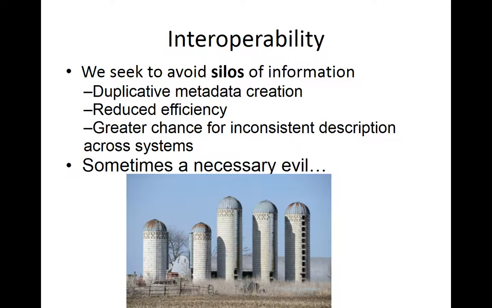Organizations become siloed because even though overall the efficiency might be reduced, there is some efficiency to be gained when you work in small groups, and that's how these silos come about. And each group, department, say you're in a university library, they have their own culture, each unit. It can become difficult for them to talk to each other, not even face-to-face, but to have their systems talk to each other. So metadata, one of the ways to break down those silos is to make it so they're interoperable.